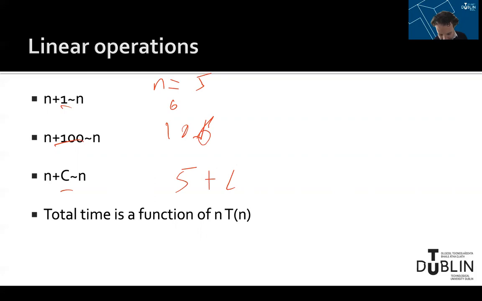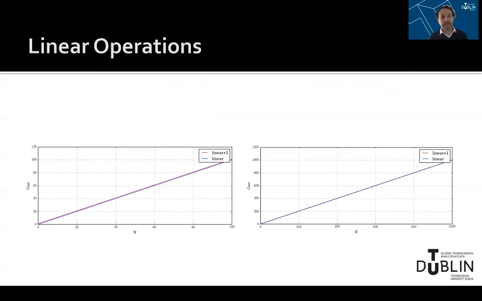But when we have 10 to the 9 operations, does it matter what size the 1, 100, or c are? No. So the total time for one of these is called approximately n. For every single time you add something, it just adds 1 extra go of it.